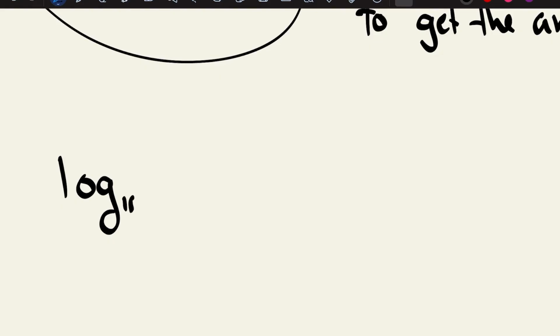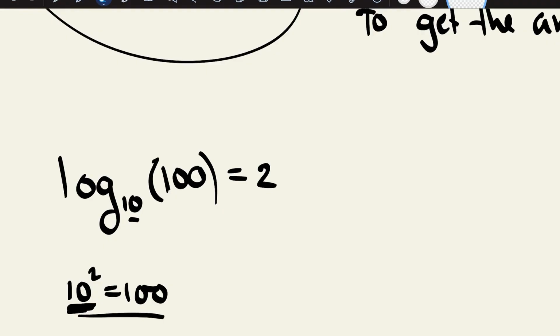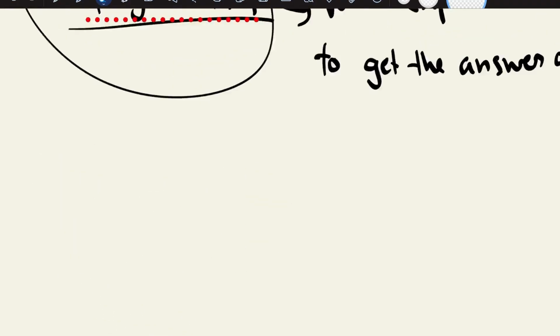You write a little 10 if we're working with the question 10 squared is equal to 100. Then you write a little 10 to show that the base we're working with is 10, and in brackets you write the number. So now this is going to equate to 2. That is a sweetheart. But anyways, how can we use this for our question?